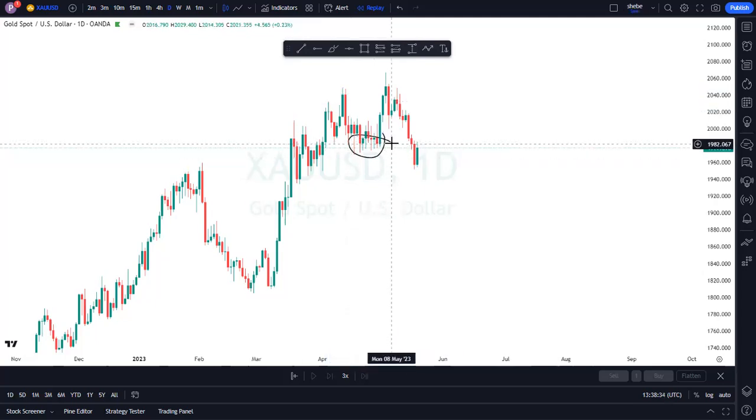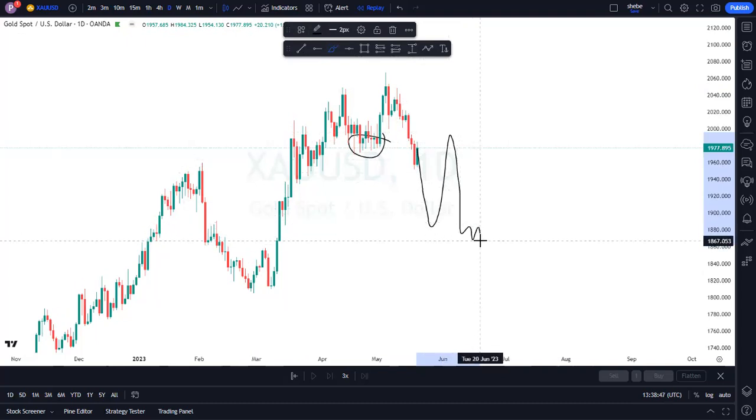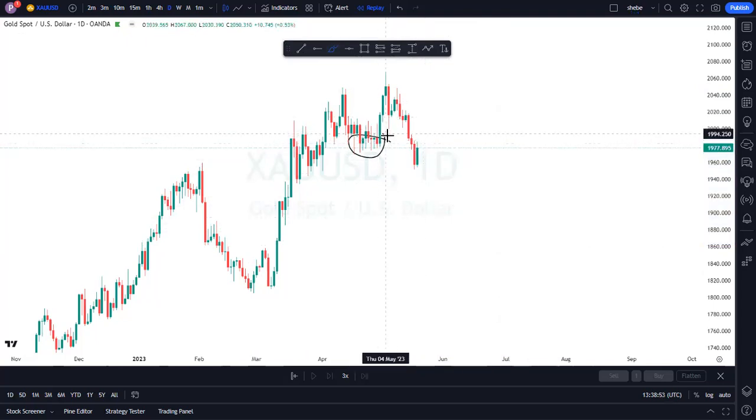We expect that after this break of daily, we are still going to take a little bit of push to the downward before going up. Though it won't be far before going up.